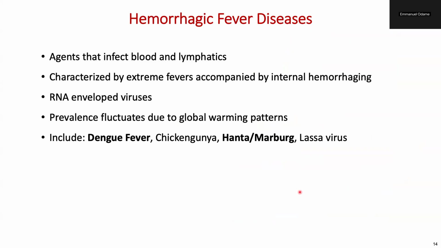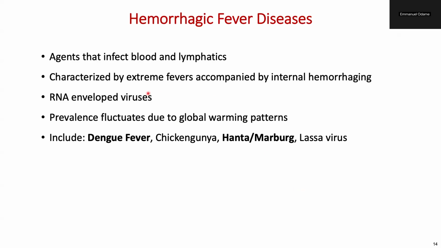So the next on our list is hemorrhagic fever disease. They are agents that infect the blood and also your lymphatics. They are characterized by extreme fever, which is accompanied by internal hemorrhage. They are caused by viruses which are RNA enveloped.